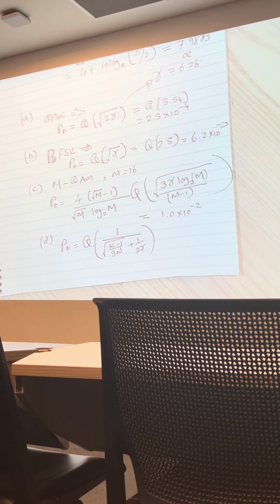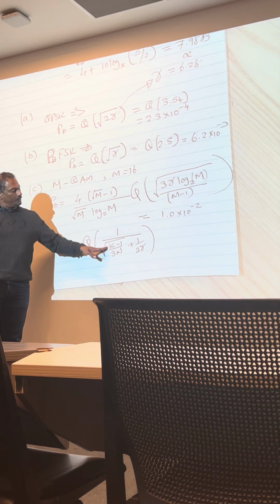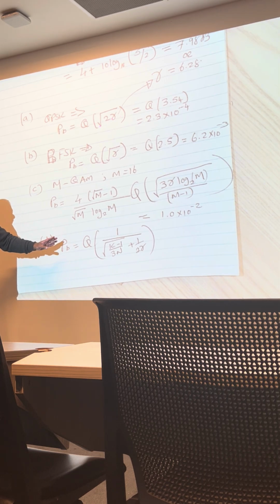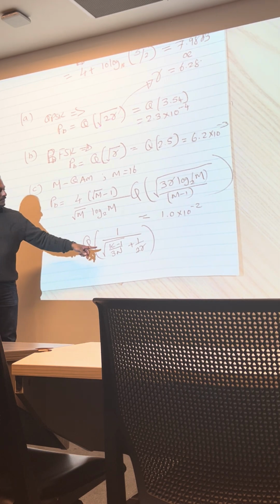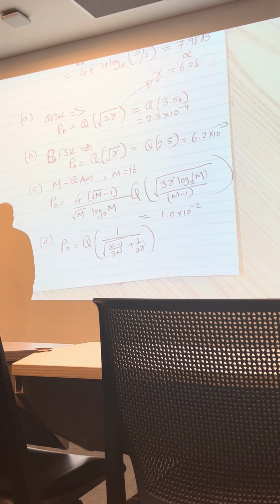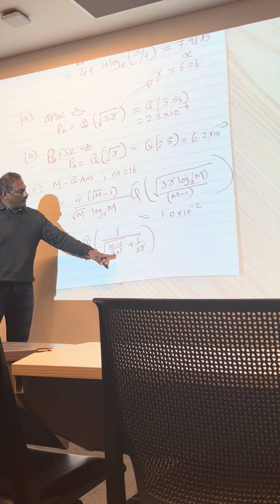So the direct sequence spread spectrum also performs for 2 users, compared to the case of infinite users here, right?